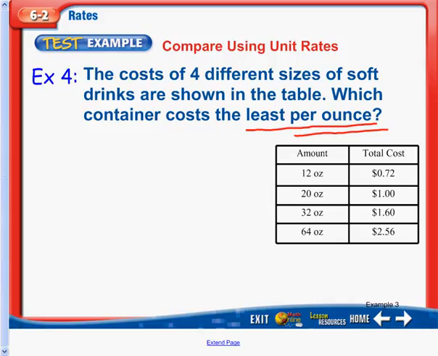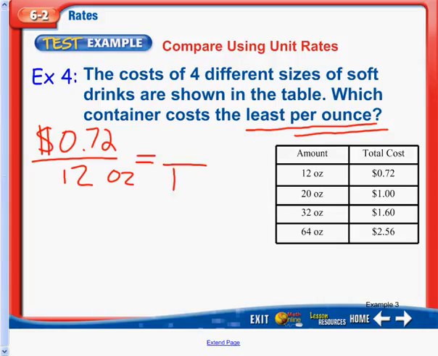So in this case, we'll actually have dollars on top and ounces on bottom. And we'll start with the one on top. I see that we have 12 ounces and our cost is 72 cents. So we want to find the unit rate of each one of these. So we're going to start with this 12 ounce one. Again, we want 1 ounce on the bottom.